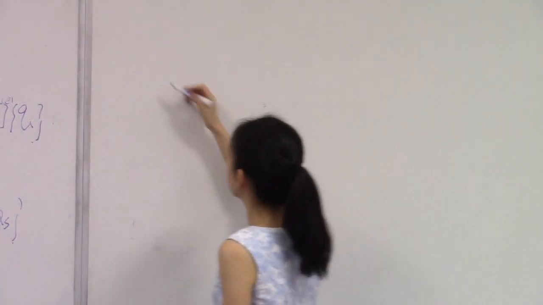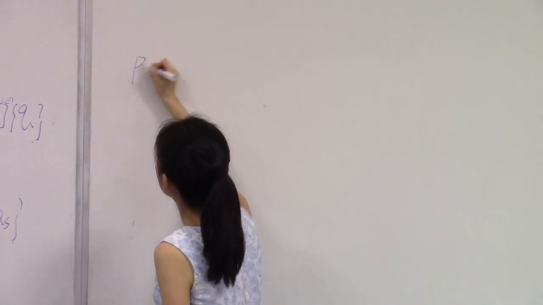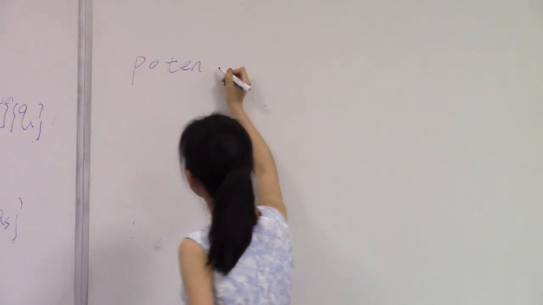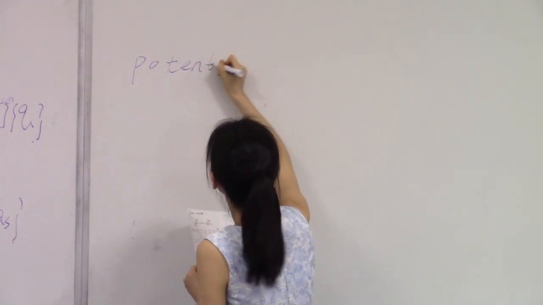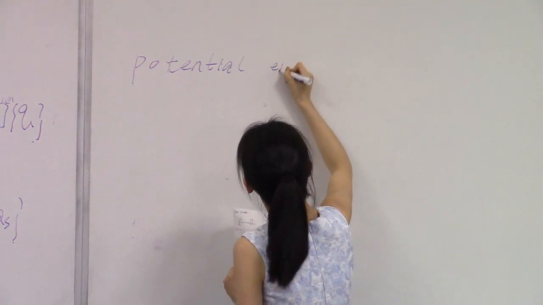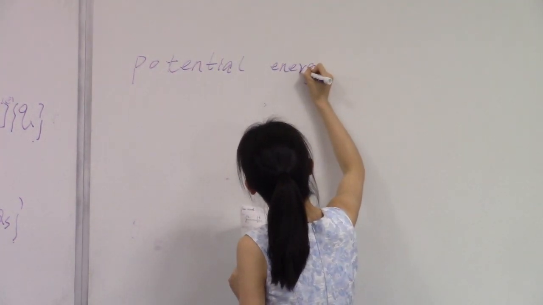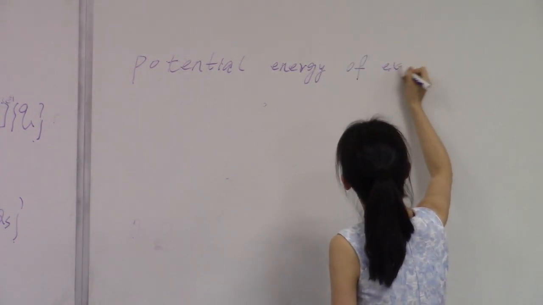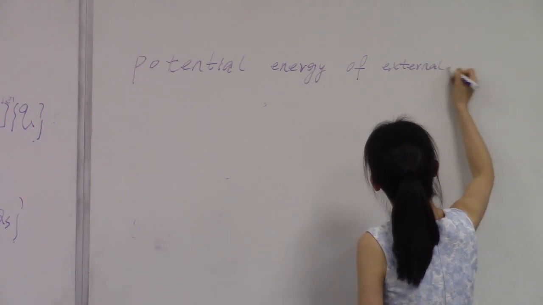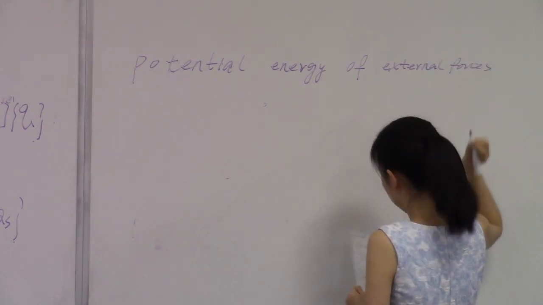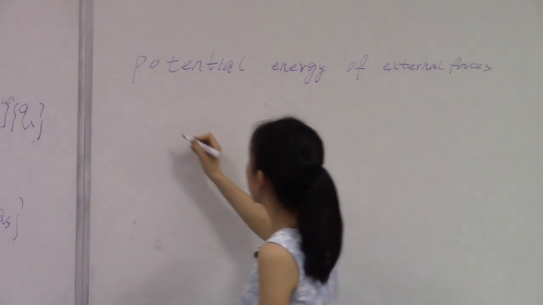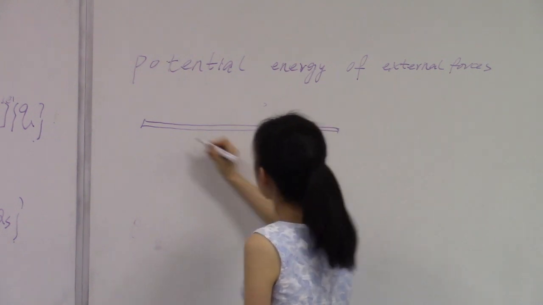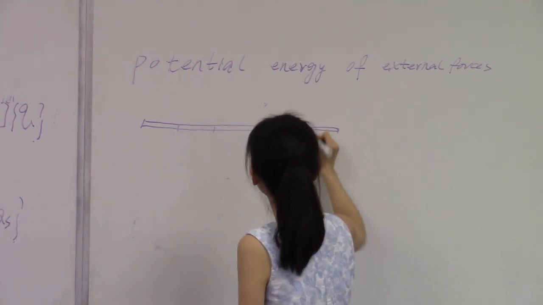potential energy of external forces. So for example, I have one beam, and I discretize it like this.